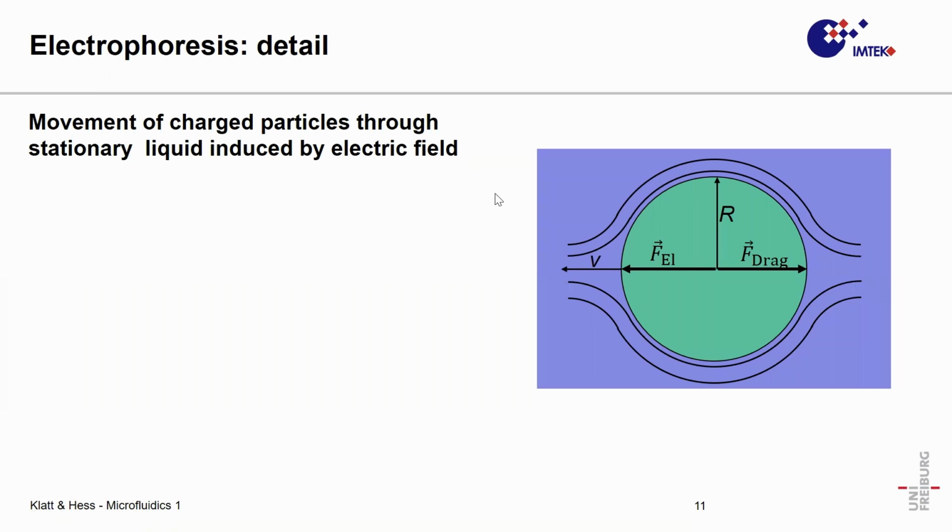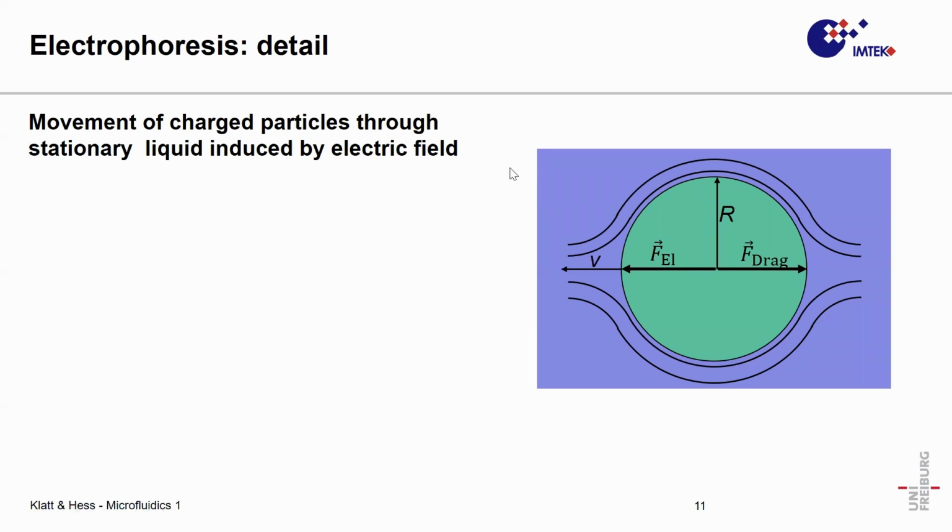If we now take a closer look at one of these negatively charged particles, you can see that there are two forces acting on it. One force is the electric force, and another force is the drag force, the friction force between the liquid and the particle.